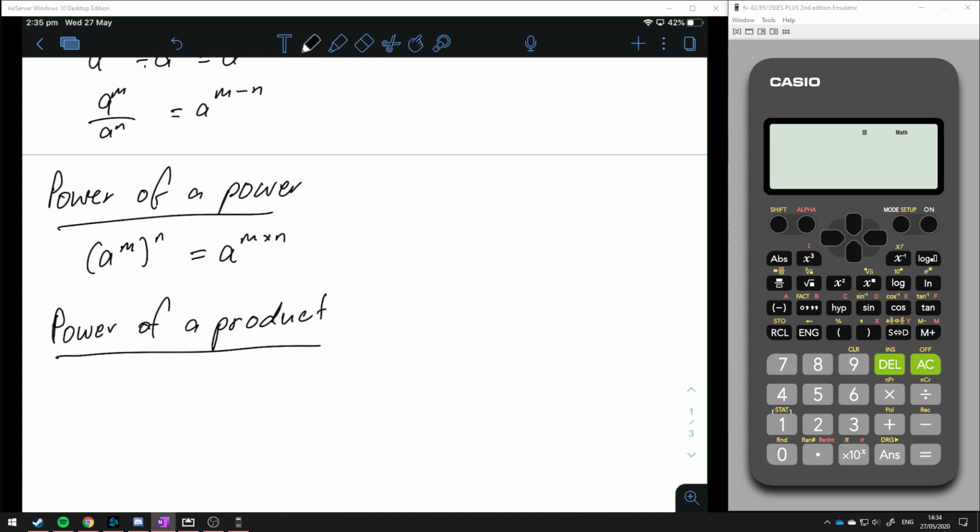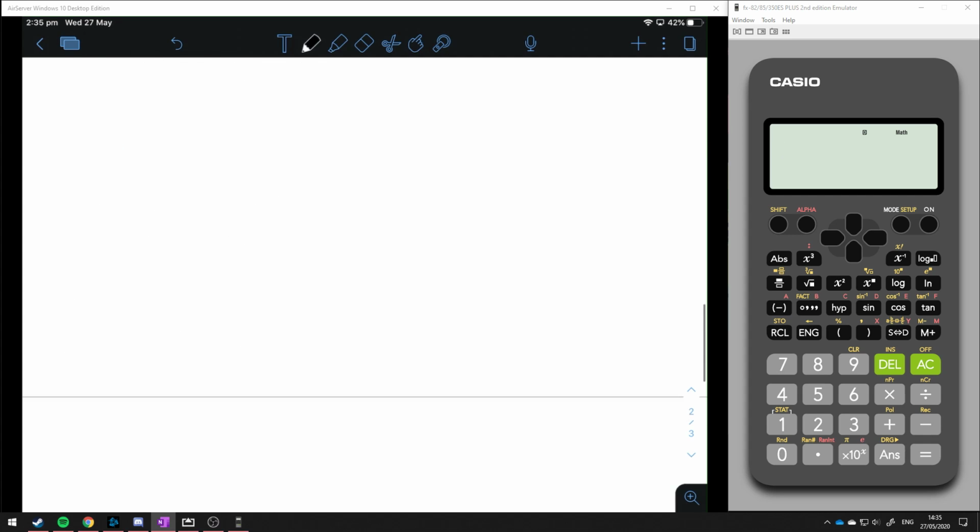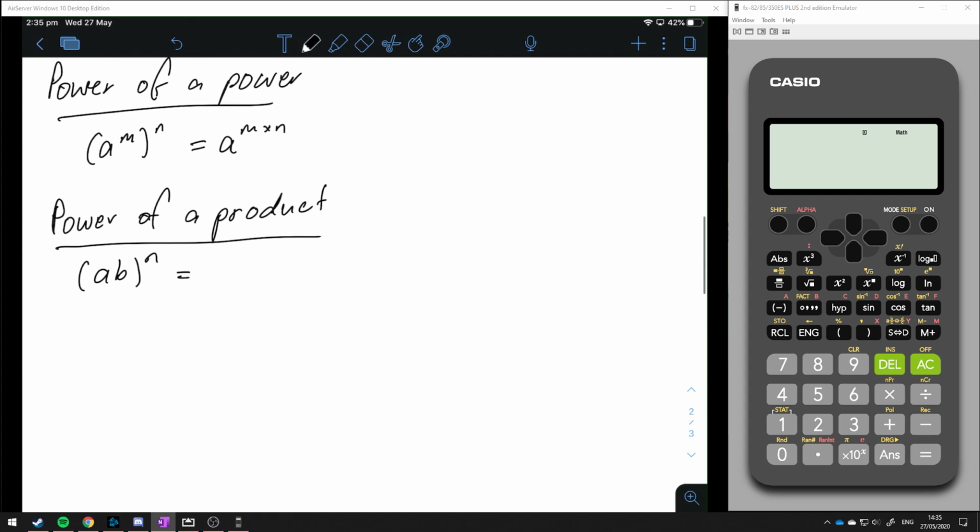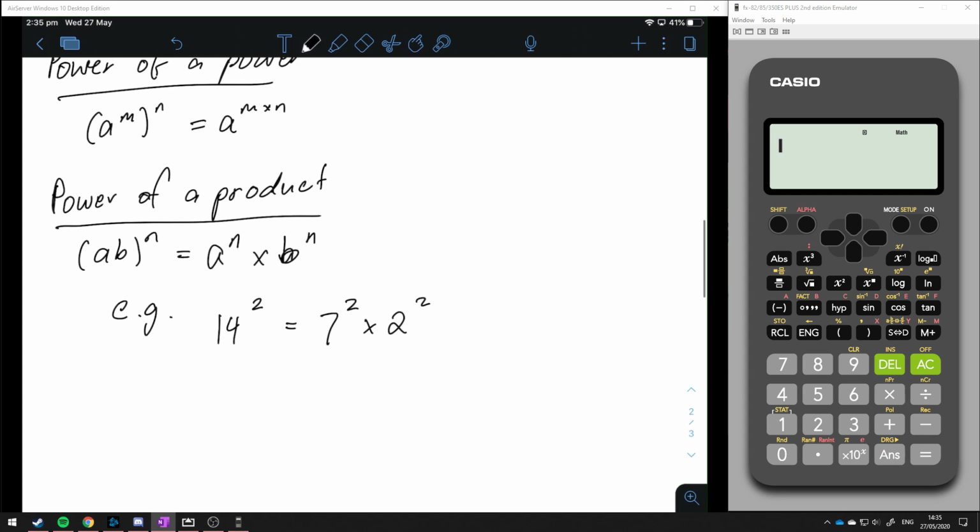Power of a product is like saying ab to the power of n, which turns into a to the power of n times b to the power of n. An example of that, 14 to the power of 2 is the same as 7 to the power of 2 times 2 to the power of 2, which makes it a bit easier to solve than 14 to the power of 2.